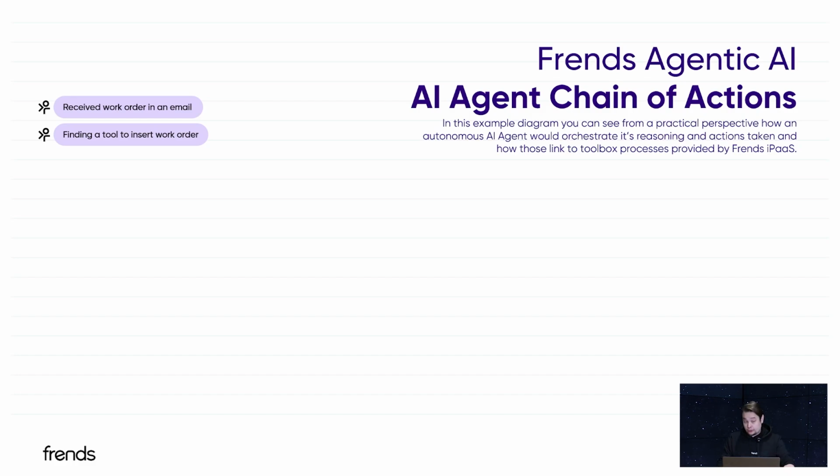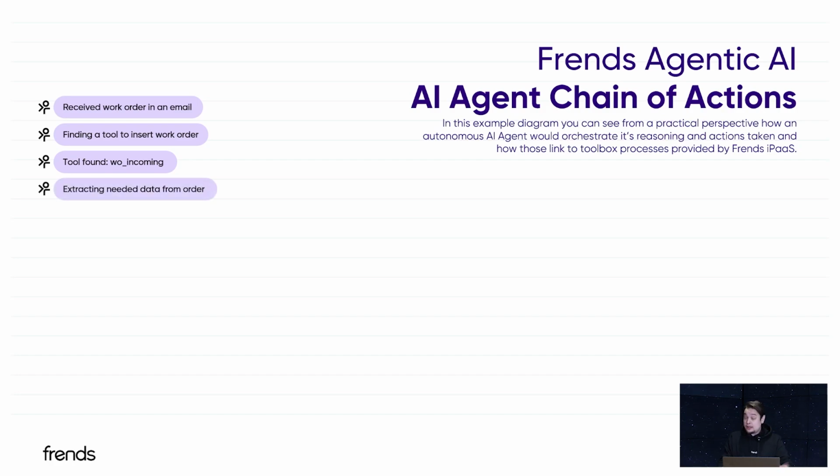So I need to search for that. So I need to find a tool to actually allow me to insert the work order. And good enough, of course, because we have configured the AI to have access to that particular tool. The AI found a compatible tool it recognized is capable of achieving its immediate goal in this case, which is now inserting the work order.